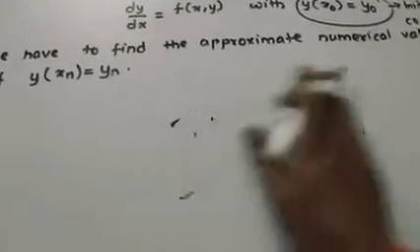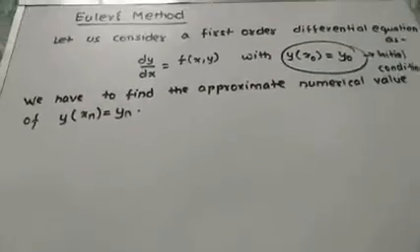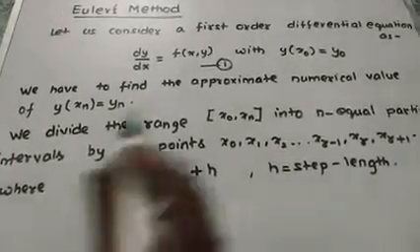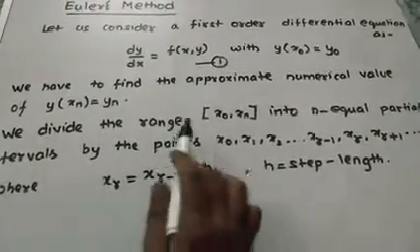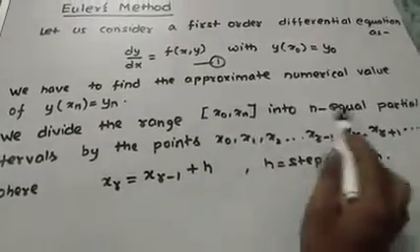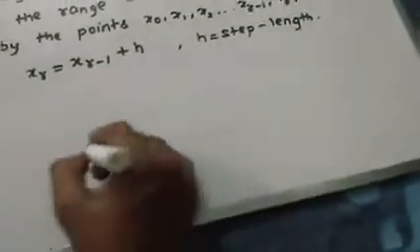So before that, first of all, we have to assume some things. You have to write like this. We divide the range, that means we will divide this interval x0 to xn into n equal partial intervals. Suppose this is your interval x0 to xn.